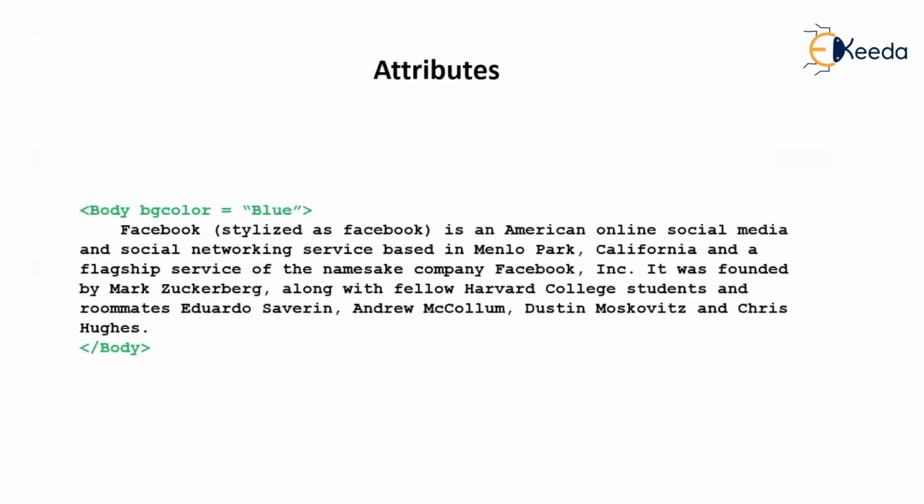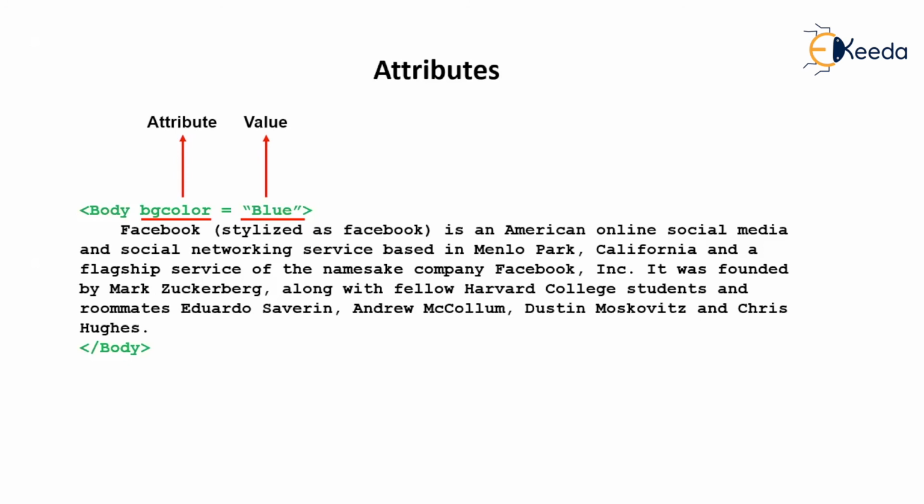So in any element or in any tag, whatever extra you are providing, that is called an attribute with its value. So bgcolor is the attribute name and blue is the attribute value. We have many attributes which we will see in further videos.